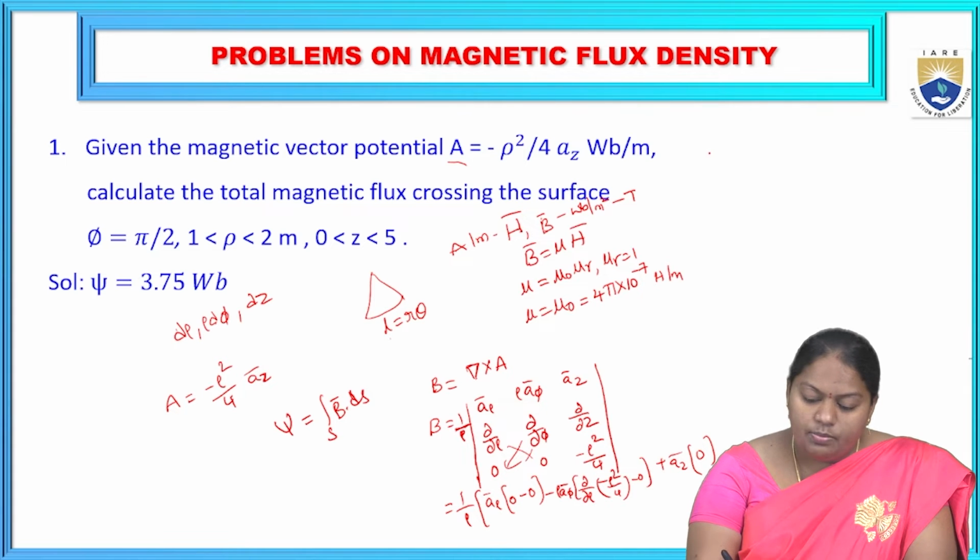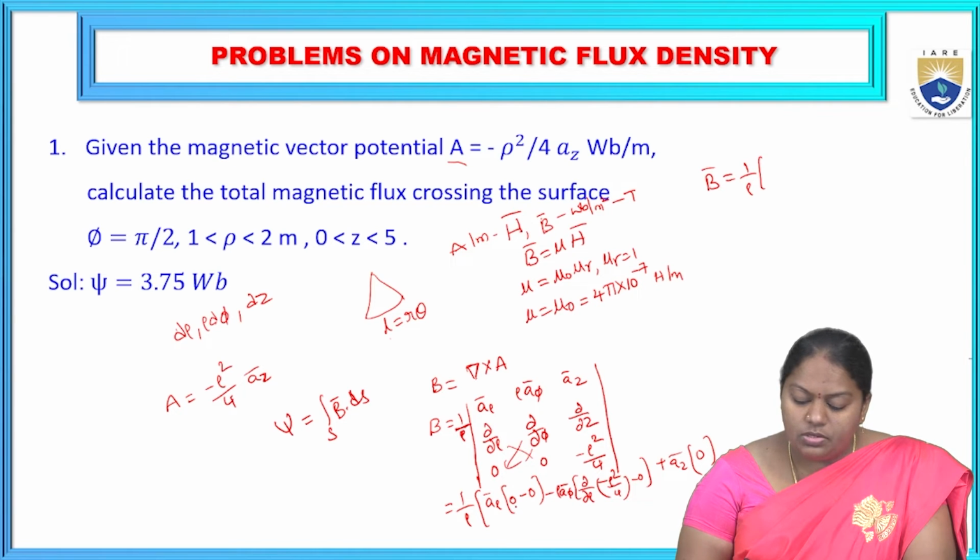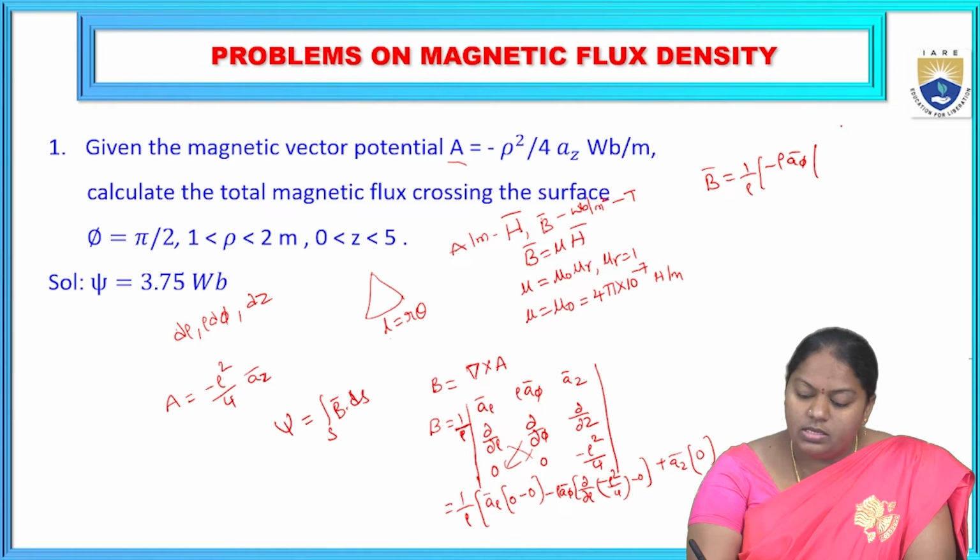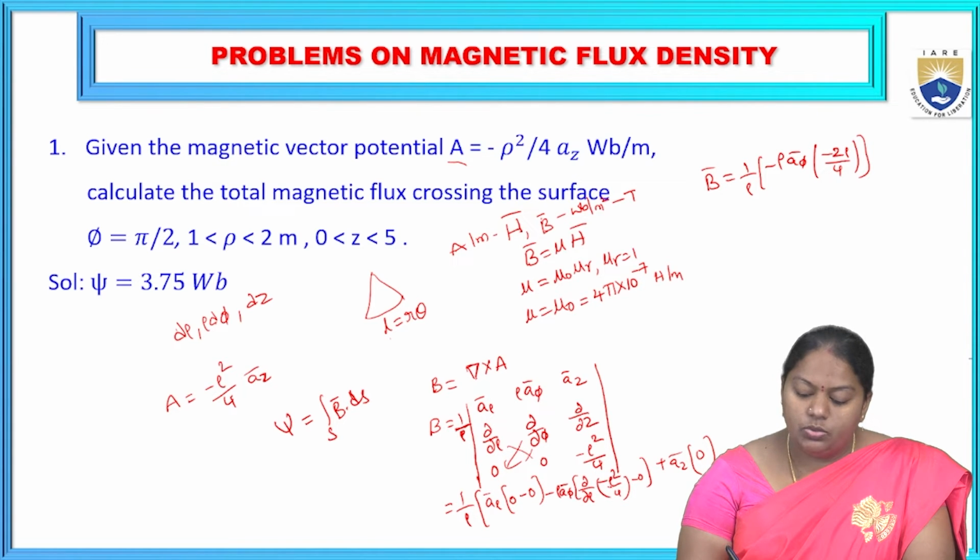So from this, B equal to, how are you going to write? 1 by rho into, first A rho into this 2 becomes 0, A z into this becomes 0, then minus rho into A phi into dou by dou rho of minus rho square by 4. So minus rho square by 4, if you differentiate this with respect to rho, then it will be 2 rho, and the minus is already in the formula itself.